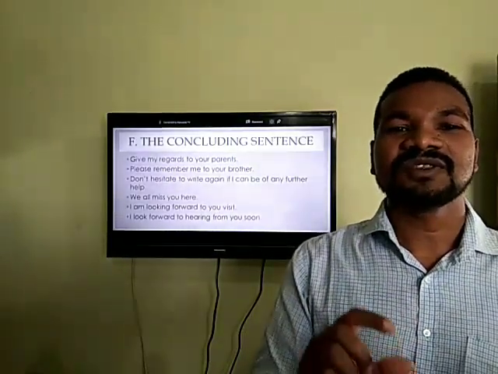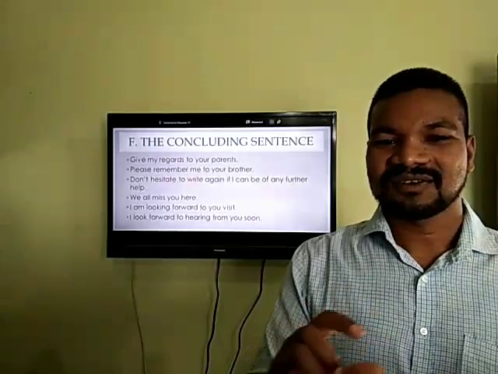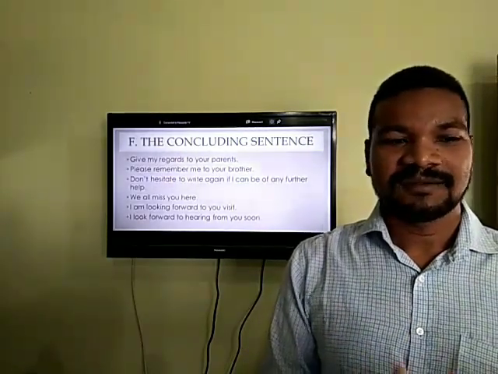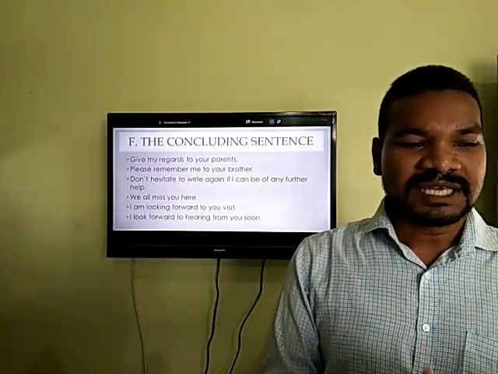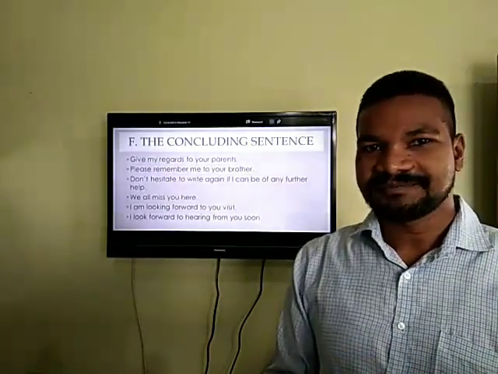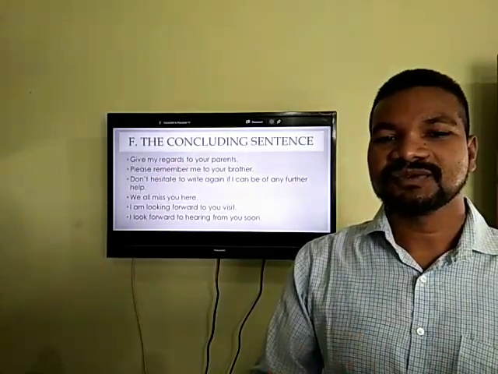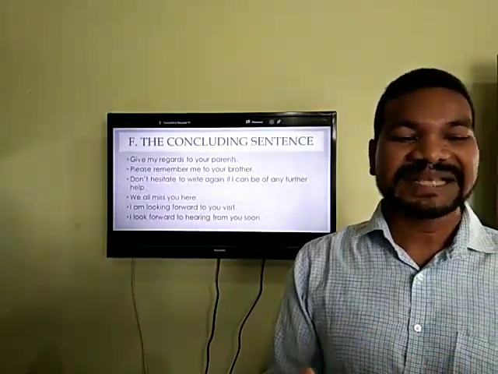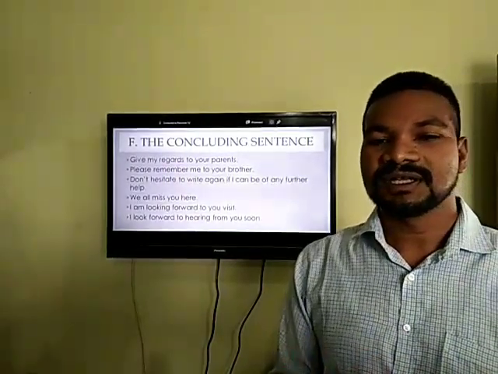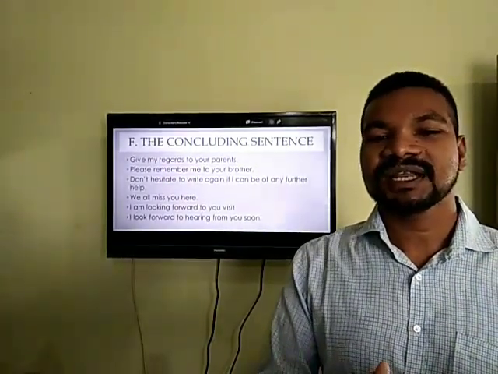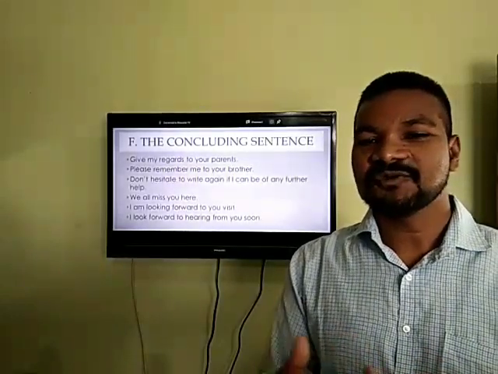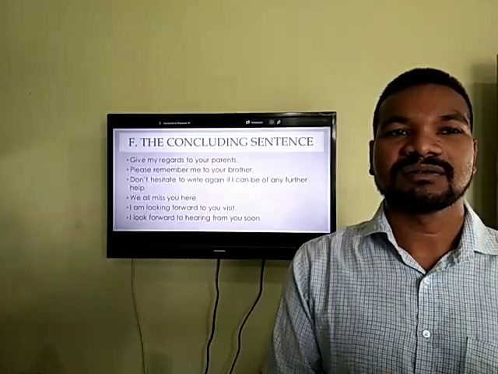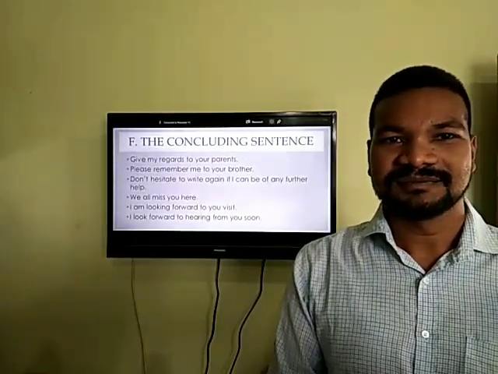You don't have to include this sentence in other paragraphs. So, "Give my regards to your parents," or "Give my regards to my parents." Or you can say, "Please remember me to your brother." In this way you can conclude it in different ways, depending upon how you are writing it.